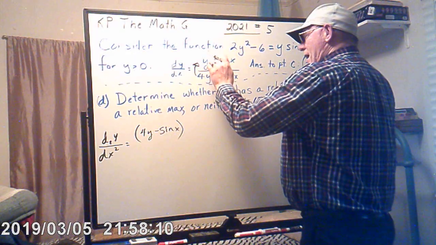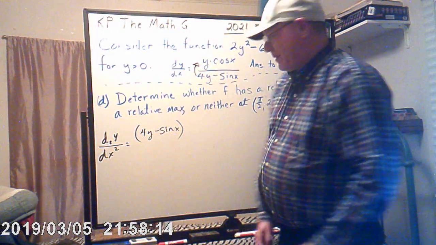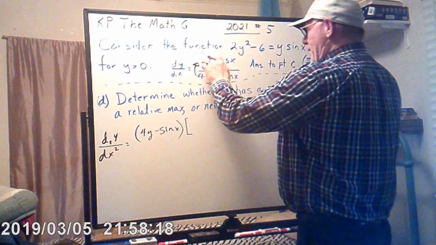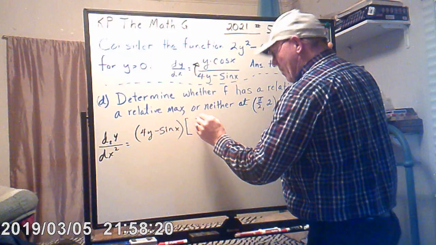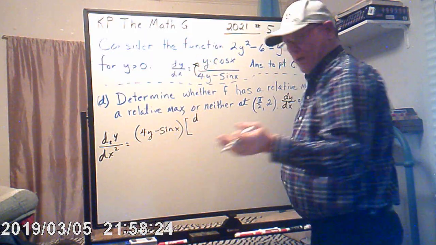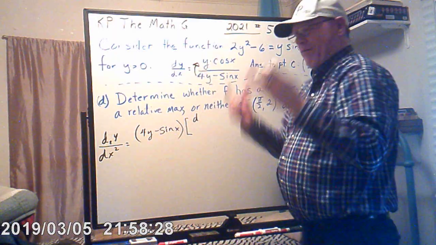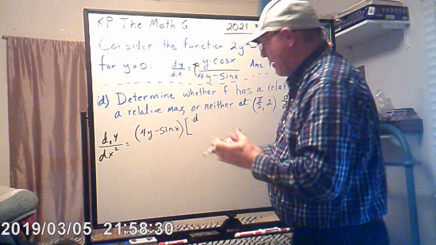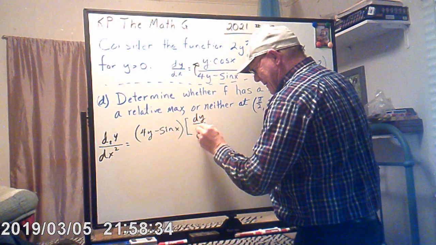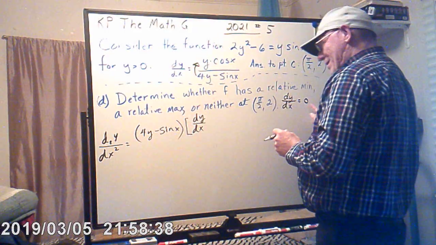The derivative of the high is the product rule. Okay, so I'm going to need some room here. The derivative of the first, which is actually the derivative of y, is 1. But remember, when you take the derivative of y, you have an implicit differentiation here. So you've got to tack on that dy over dx, which by the way is 0.